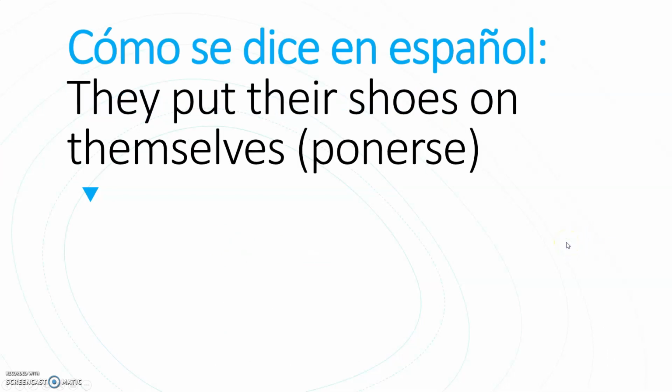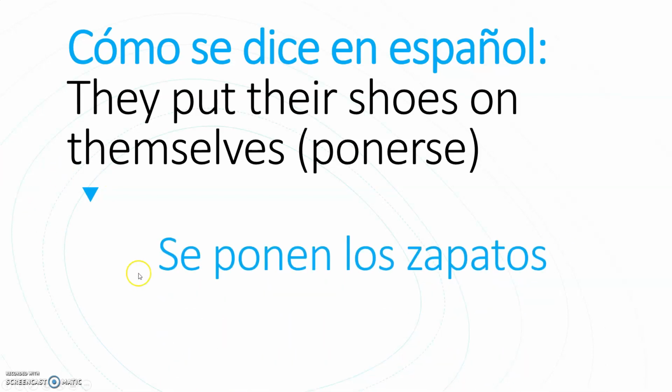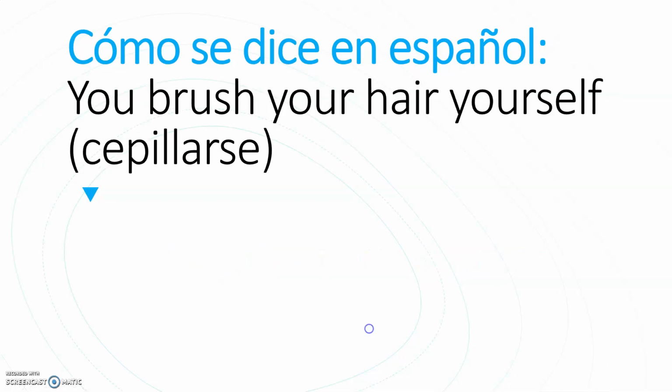¿Cómo se dice en español they put their shoes on themselves, as opposed to putting them on somebody else? The verb is ponerse. Right? This one also uses se, but it's in the form of ellos because it's they. Se ponen los zapatos. ¿Y cómo se dice en español, you brush your hair yourself?